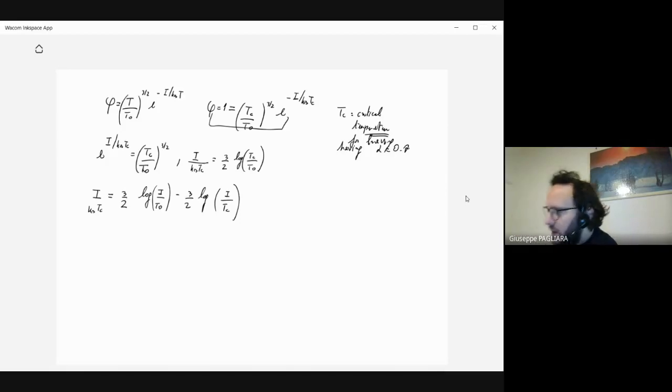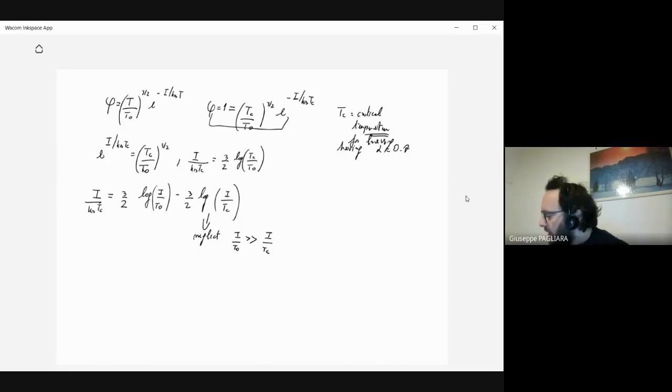Okay, so now the aim of this calculation is to find an expression of Tc, and that's why I'm making this trick. So to neglect this term here, because I expect that I divided by T0 is much larger than I divided by Tc.